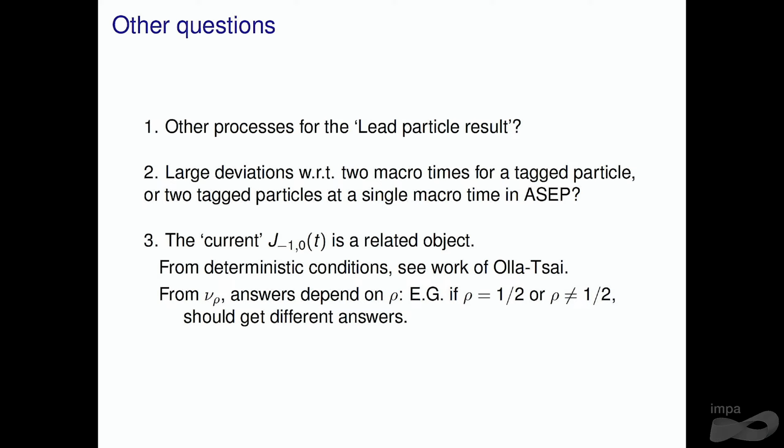And some of the work that we discussed can apply to this if we start from stationary initial condition and the density is not half. When the density is actually half, then the integrable probability technique probably is the way to go. You'll get some Tracy-Widom type stuff. Okay, so I think that's it.